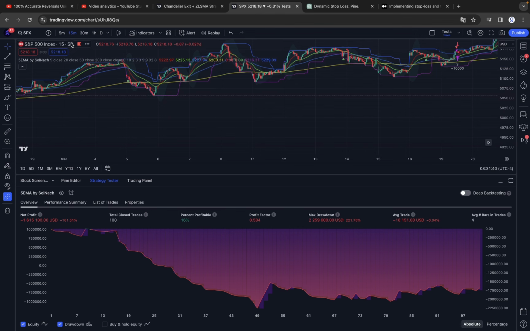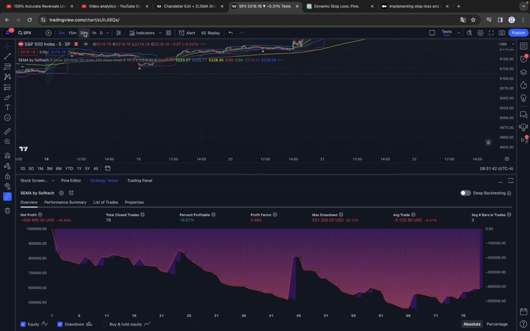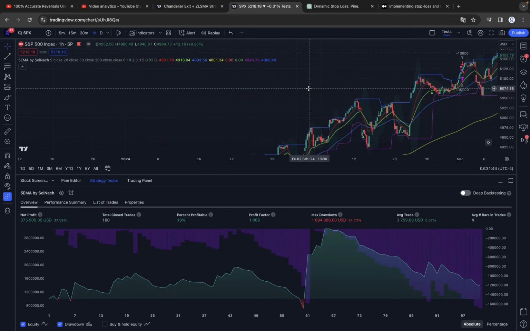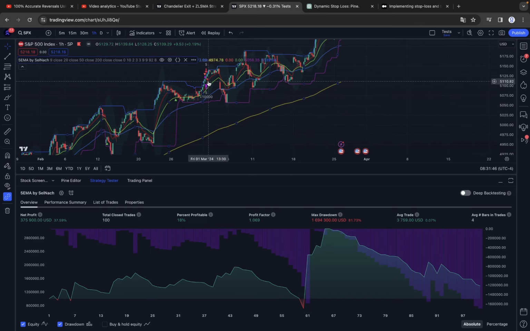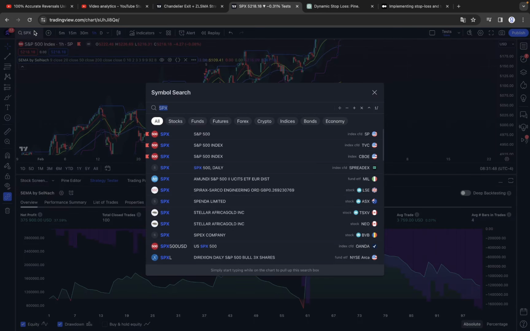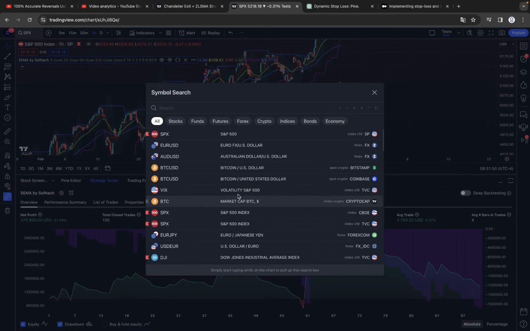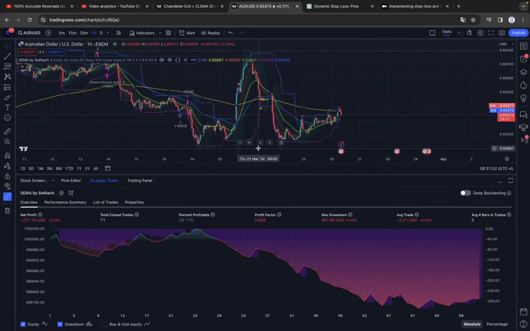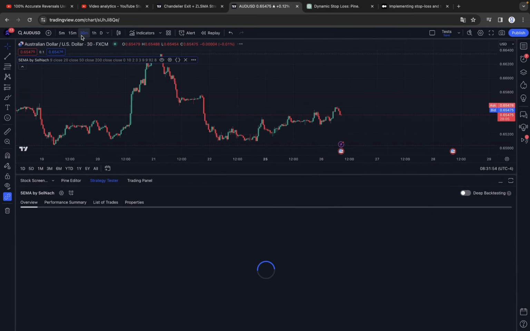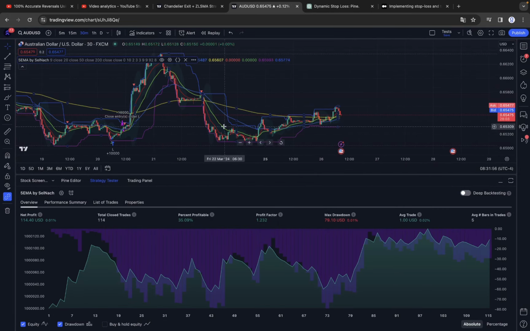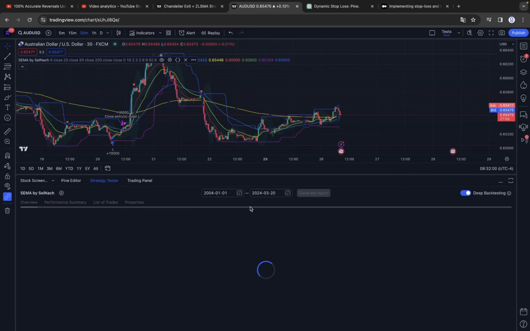Okay, 50 minutes doesn't work very well. 1 hour, it's okay. As you can see, it works on some symbols better, some not so good. But I think overall, the strategy is not really working well. So I wouldn't recommend to use this.